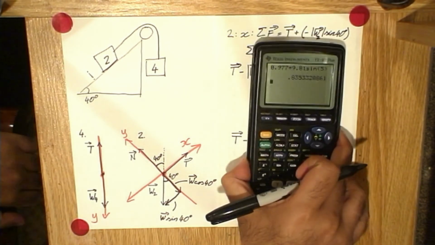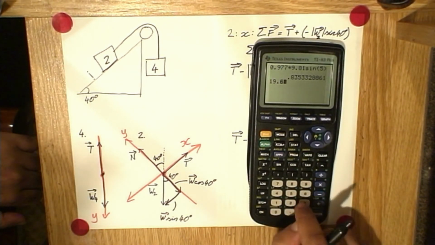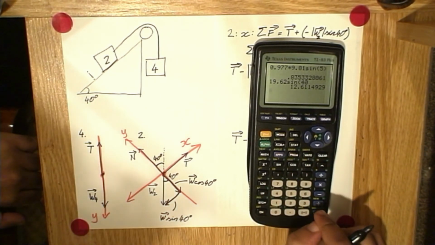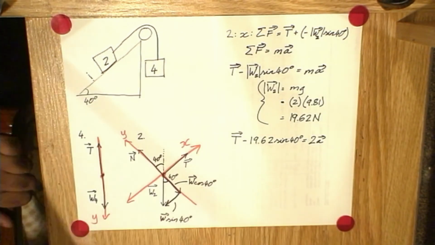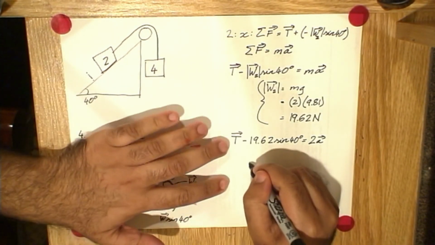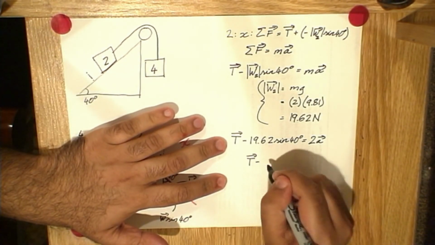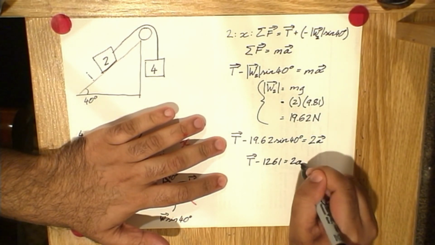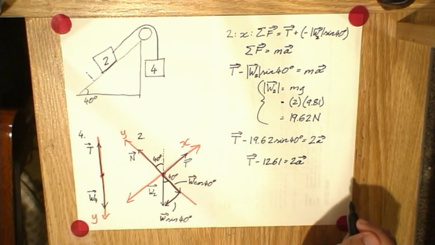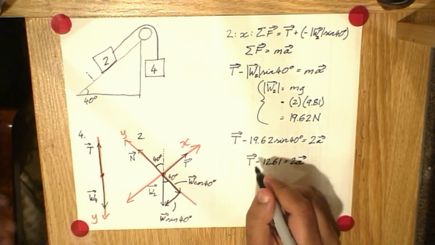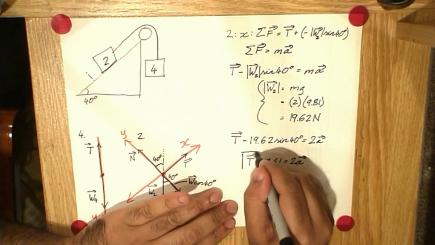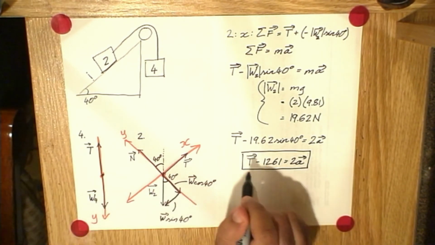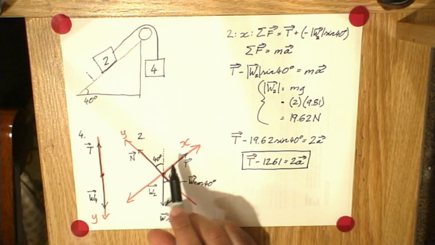Now, 19.62 sine 40 degrees is 12.61. So tension minus 12.61 is equal to 2 times acceleration. So this is as far as we can get using this free body diagram for the 2 kilogram object.